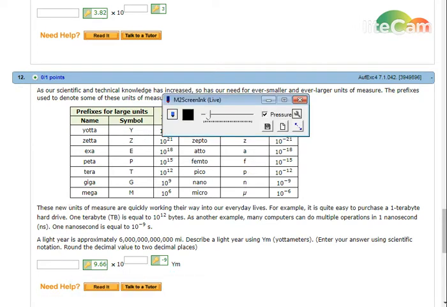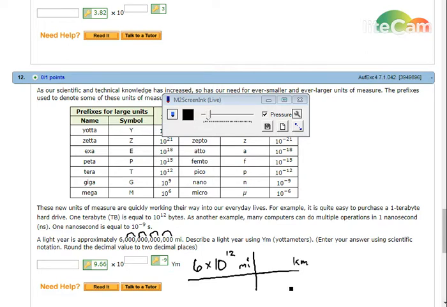So let's count our zeros: 3, 6, 9, 12 zeros. So we have this many miles, and we're going to convert miles into kilometers.